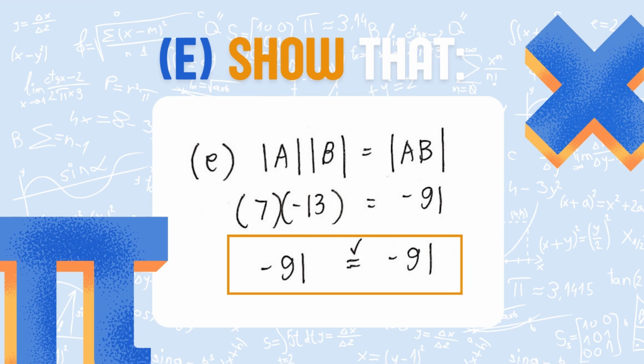If we multiply 7 by negative 13, we get negative 91, which is equal to the determinant of the matrix product AB. Therefore, it is evident we have arrived at an equality. This set of solutions is correct.